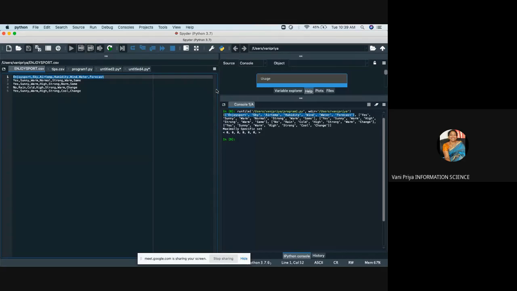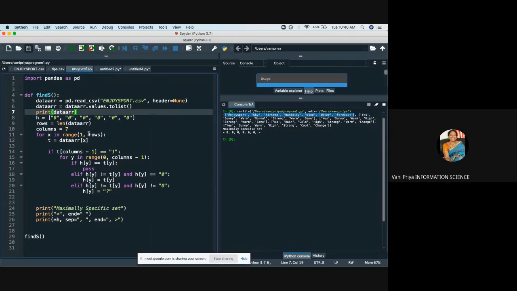These are the column headers, feature names. That will be taken as the list here. And next, in the enjoy sport only, next is yes, sunny, warm, normal, strong, warm, and same. So all these lines are taken as lists, and all these lists are contained in one more list as far as this is concerned. Okay, now I'm just putting this as a comment, so that, it's not required, only to check what is happening with these values.